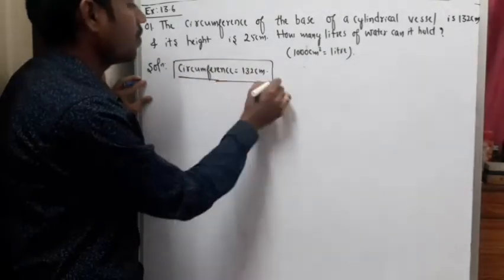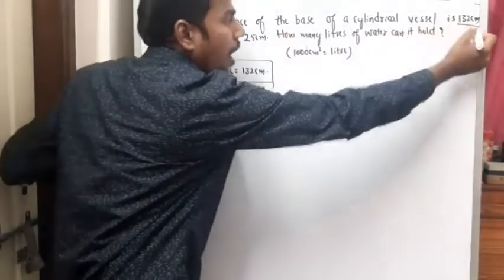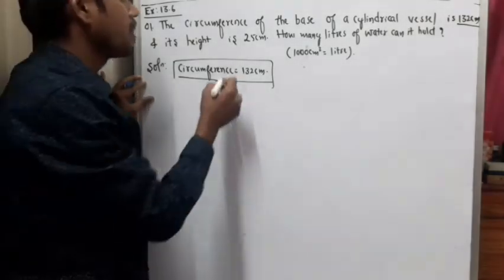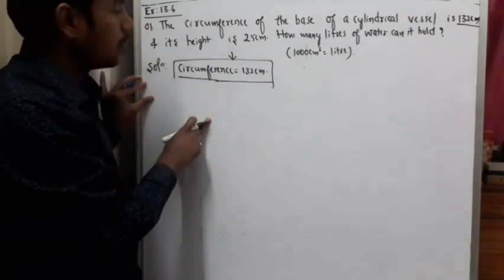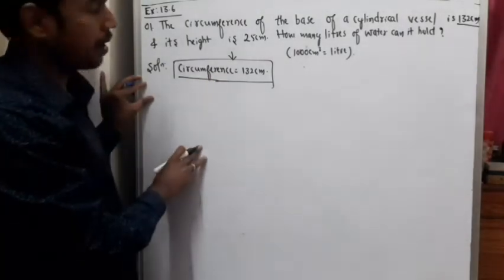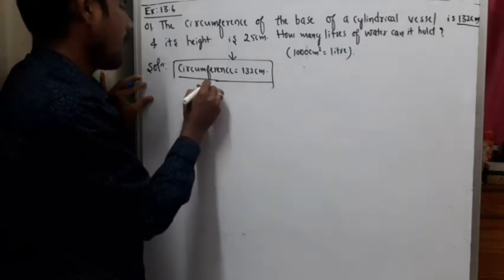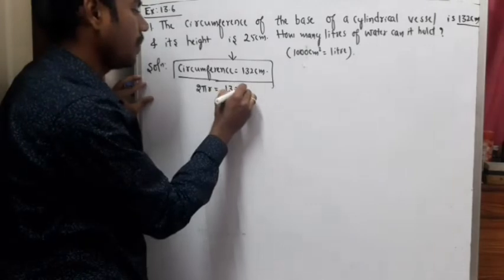Why do we need to know the formula of a circumference? Because they have not given the r, which is required in case of pi r square h. So indirectly they have given r. We make use of the circumference formula to find the value of r. So circumference is equal to 2 pi r is equal to 132 centimeter.